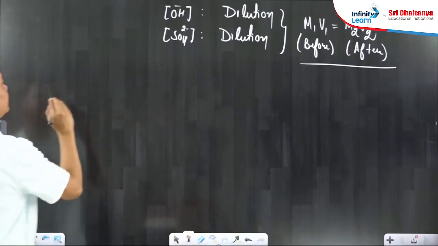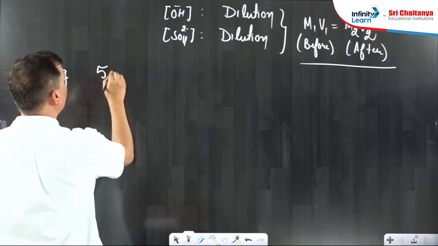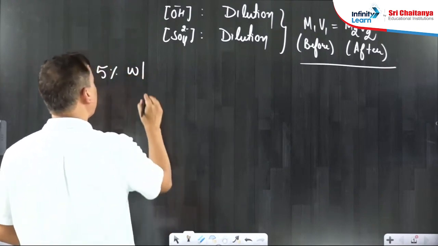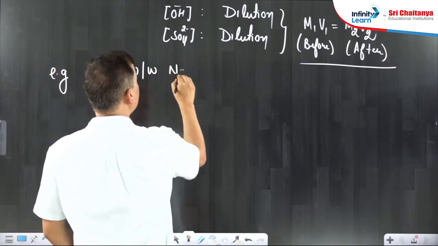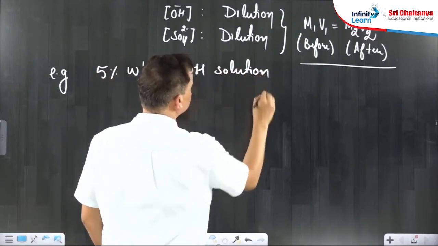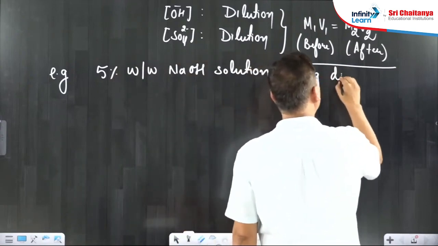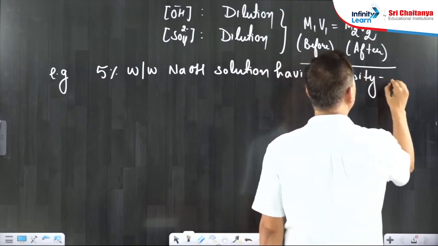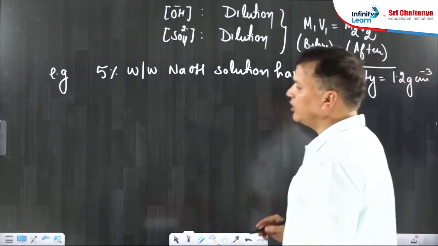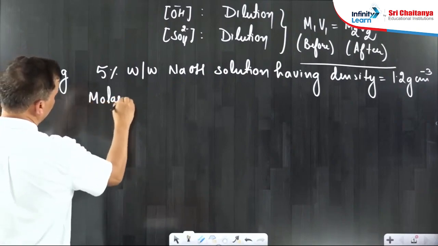For example, I am taking a 5% weight by weight NaOH solution, having a density of the solution equal to 1.2 gram per centimeter cube. Then we have to calculate its molarity.